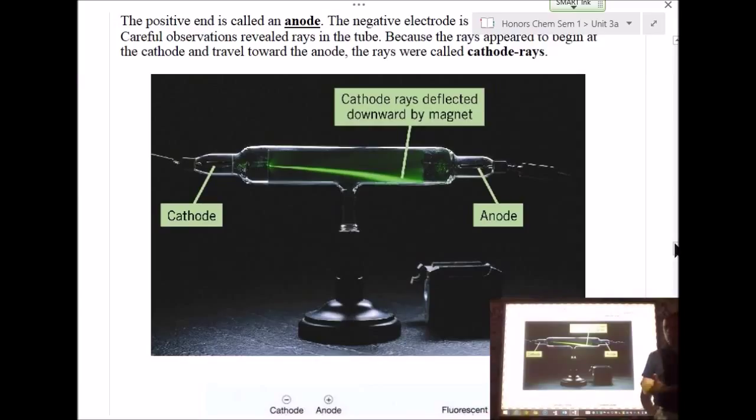Now, what's crazy about this is Thomson accidentally put a magnet nearby, and when he put the magnet nearby, this light was either deflected or moved toward the magnet, depending on what side the magnet was facing. I would assume that this was the positive end of the magnet, if I were a betting man, because when this came this way and he flipped it over, then the ray went the other way.